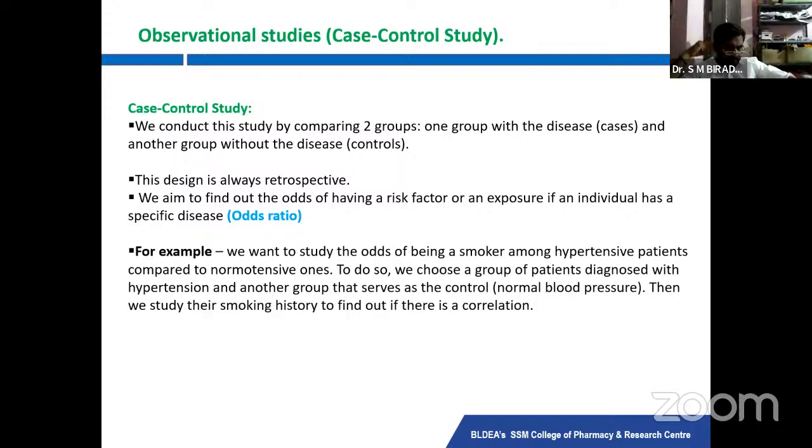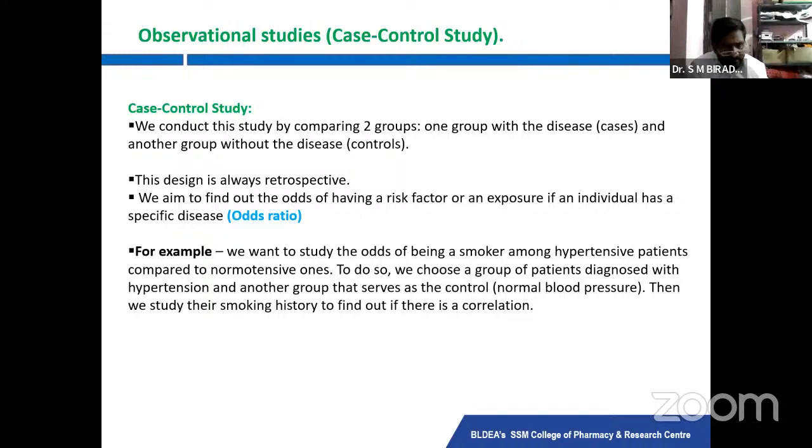One more example I would like to explain here. Suppose we want to study the odds of being smokers among hypertensive patients compared to normotensive ones. I have already given an example of this one. To do so, we choose a group of patients diagnosed with hypertension and another group that serves as a control where their blood pressure level is normal.